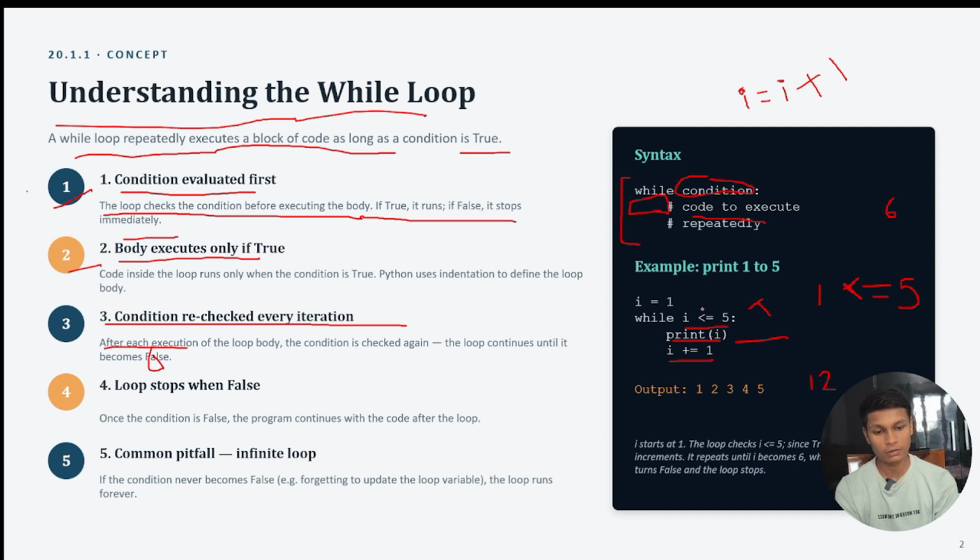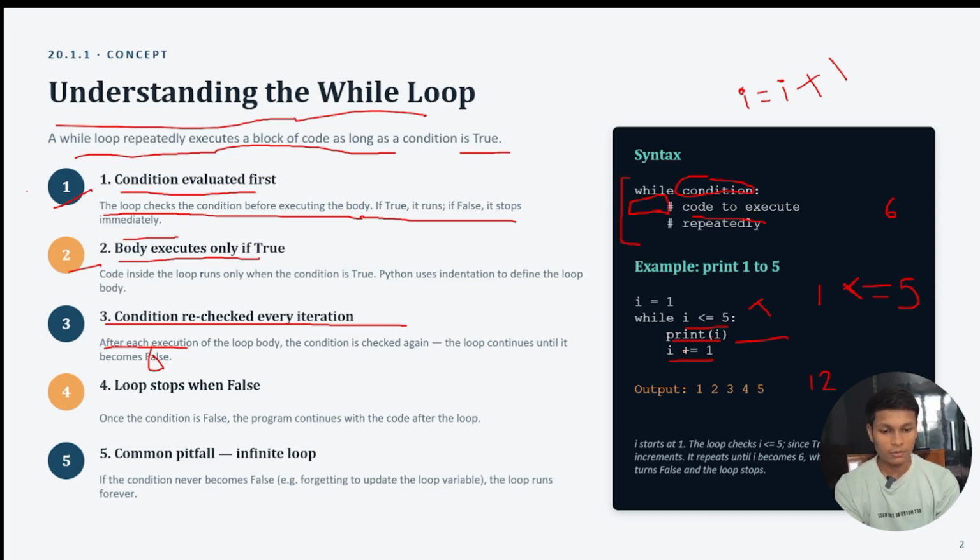Why was the condition rechecked? Because of this iteration, because I was increased. Okay, if I was not increased, it would create an infinite loop. It may give you many types of problems, like your computer or laptop may hang, because this was an infinite loop and it would run infinitely.